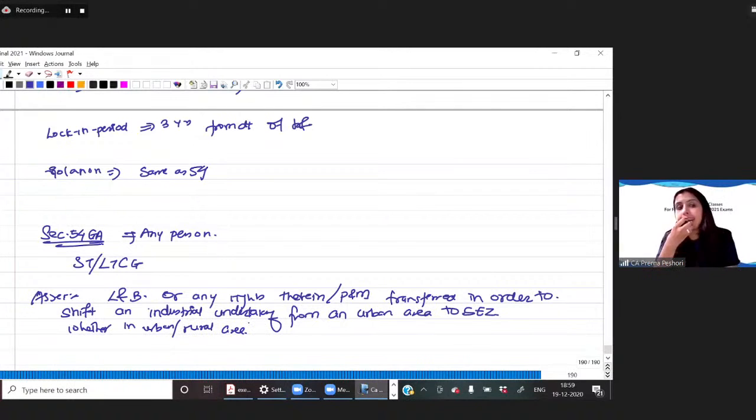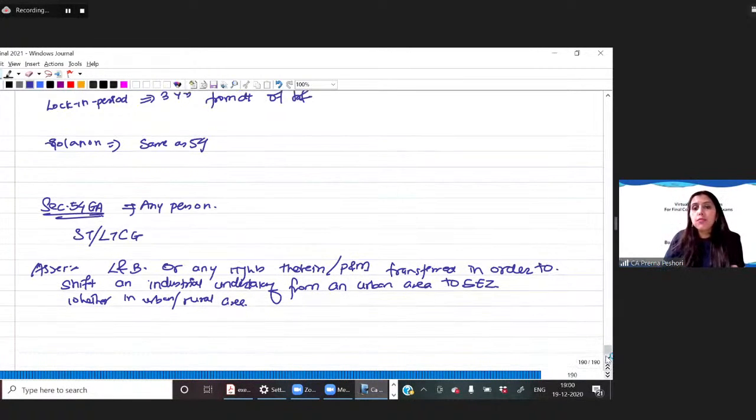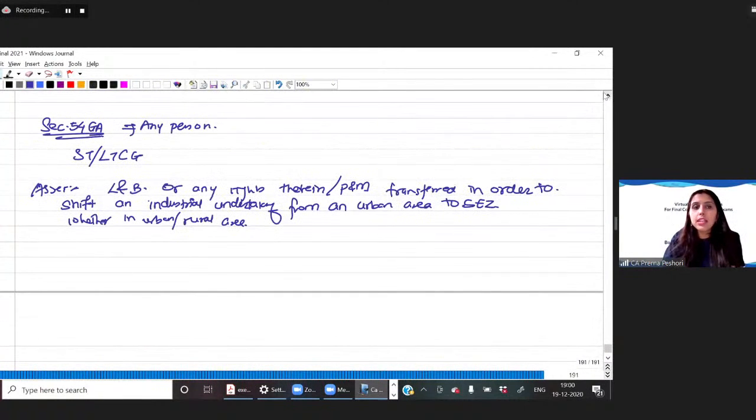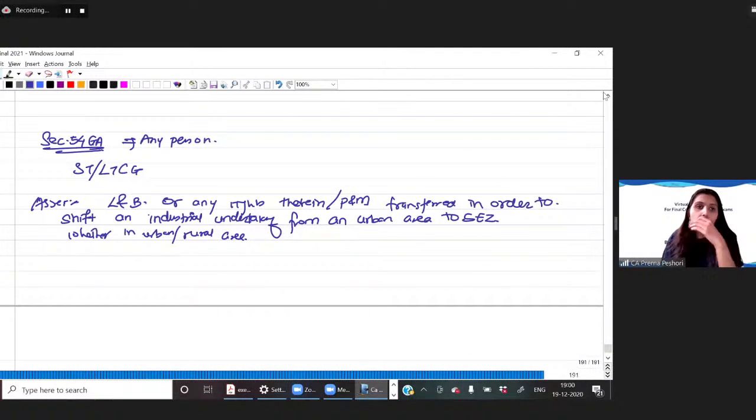Clear? So if you transfer your land in order to shift your undertaking from an urban area to an SEZ in an urban or rural area, you get exemption under section 54GA. What is the eligible asset?